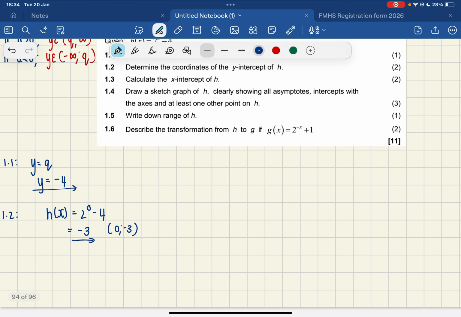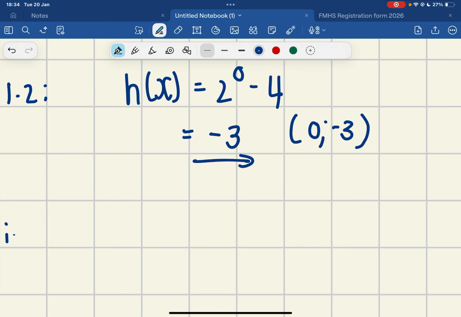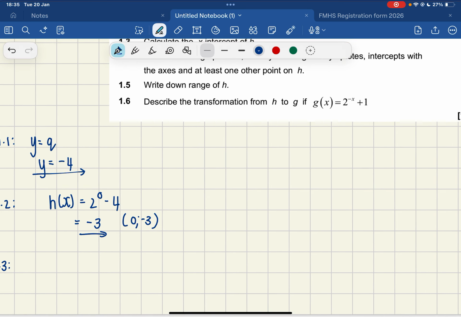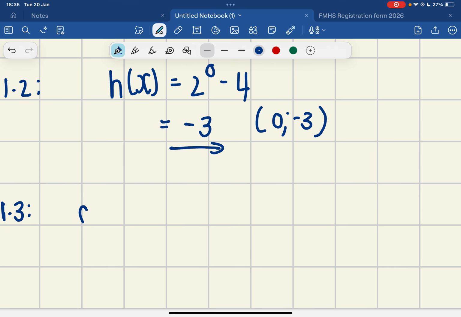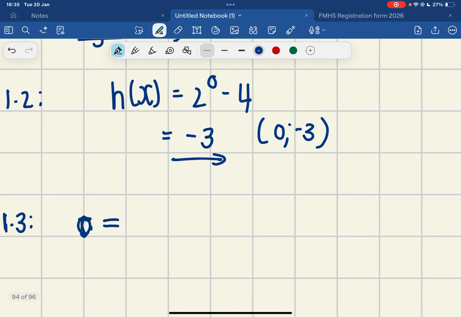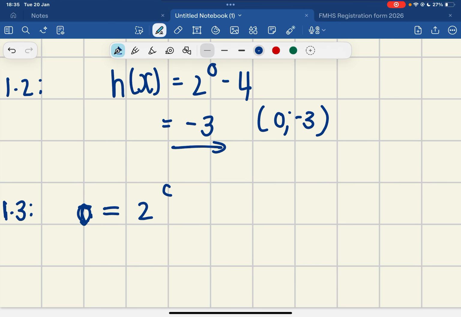Question 1.3 quickly. Question 1.3 asks us to calculate the x-intercept. The x-intercept, make y equal to 0. So therefore, 0 is equal to 2^x minus 4.